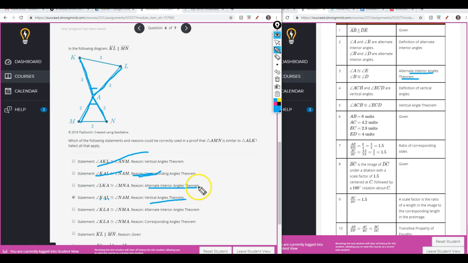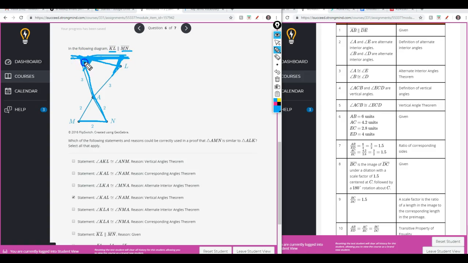So alternate interior angles theorem, let's make sure that these angles really are alternate interior angles. We have angle LKA, so this angle, to angle MNA. Now remember, it says that segment KL is parallel to MN, so if you want, you can straighten this line out if it's going to throw you off, and just imagine that it's coming in like that for KL.